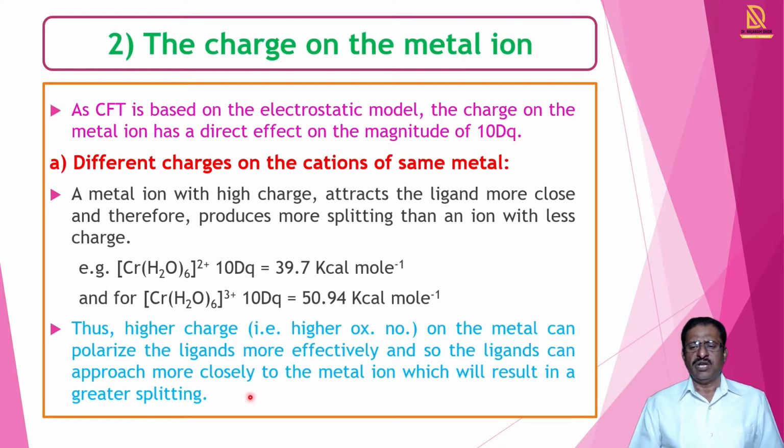So the ligands can approach more closely to the metal ion, and that results in greater splitting of the d orbitals, and there is formation of higher energy. So simply we say that the metal which has more charge forms stronger complexes than the others which have lower charges.